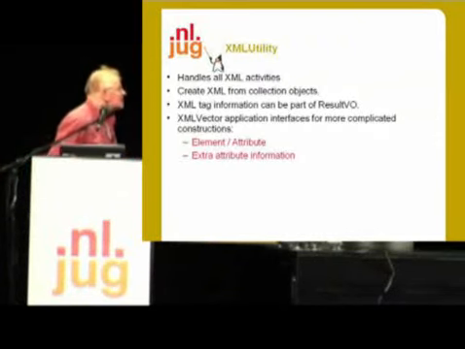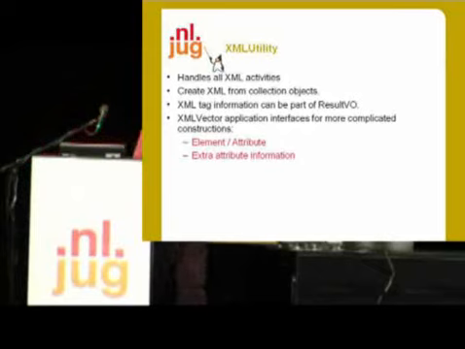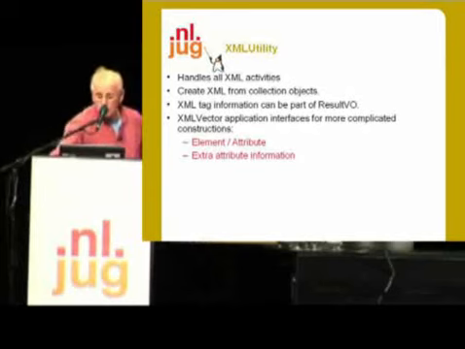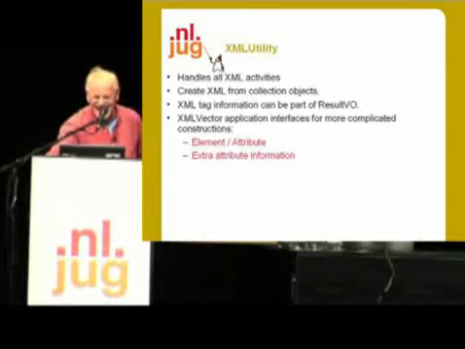The XML utility, I think it's fairly straightforward. I don't really want to talk much about it. It handles all of your XML activities. It creates the XML from collection objects. That's its job. It receives the tag information, possibly from the result value object, that was the simple example I showed you.